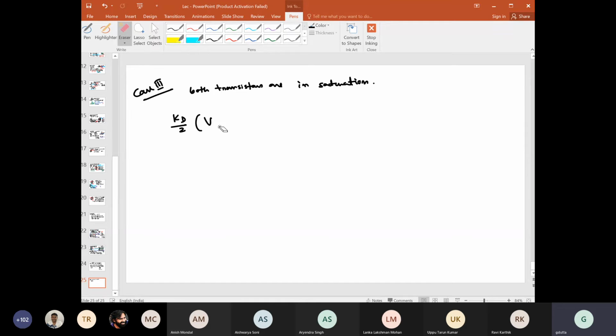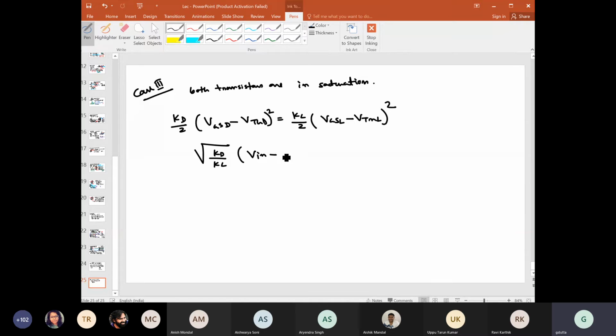So this is (VGSD minus VTHD) squared, this is equal to KL by 2 times (VGSL minus VTHL) squared, right? Now if you do a little bit of simplification, in the intermediate state you will get something like this, because this is again equal to 0, right?